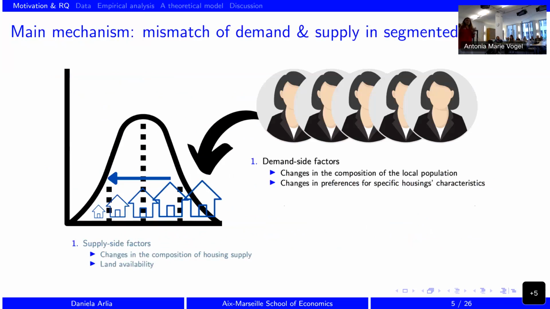So the main mechanism I want to analyze is a mismatch of demand and supply in these segmented markets.